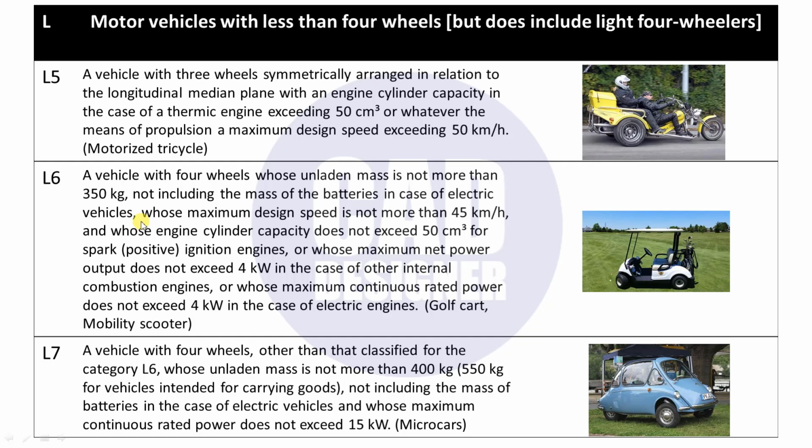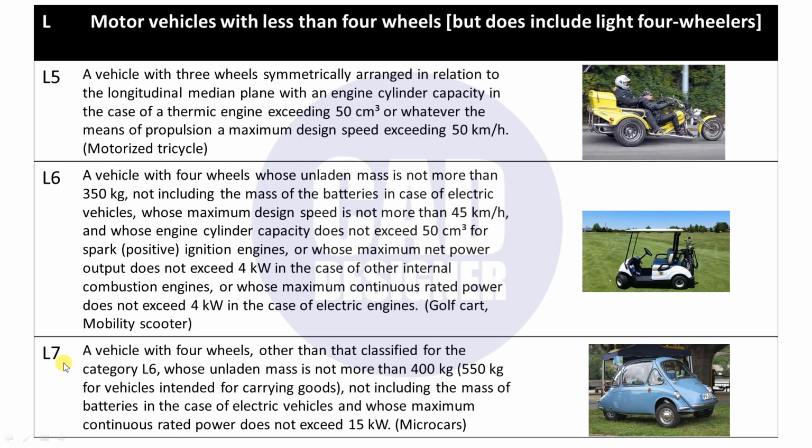So excluding the battery weight in an electric vehicle, if a vehicle with four wheels has a weight of 350 kg, it comes in the L6 category. The examples are golf cart and mobility scooter. See this image: this type of vehicle comes in the L6 category.